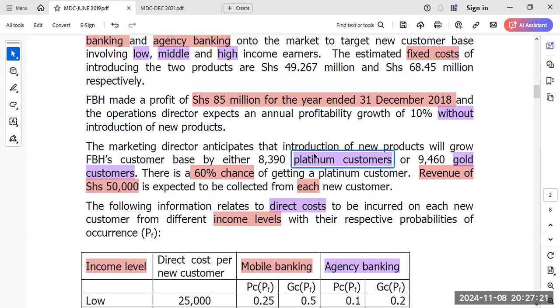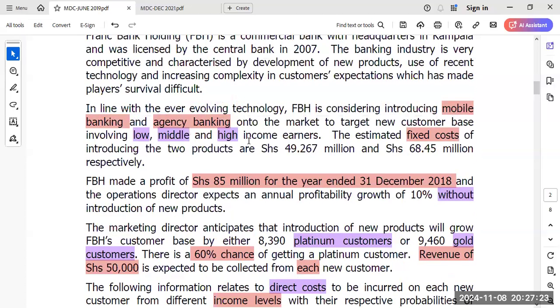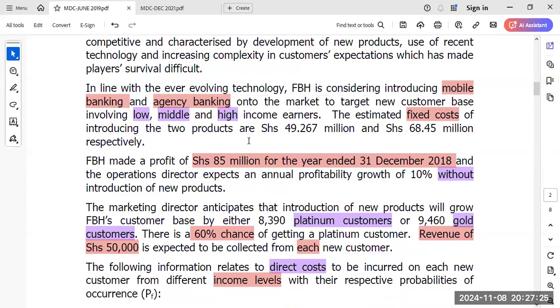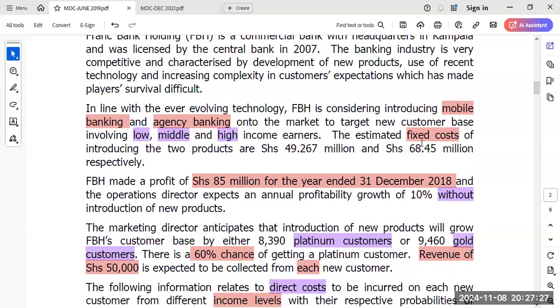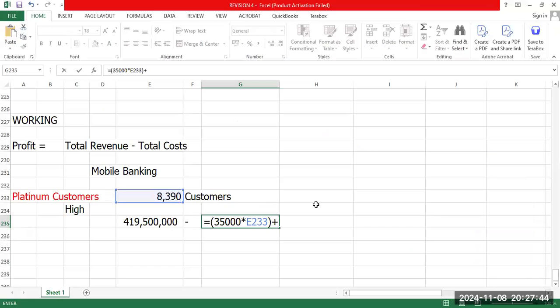My fixed cost is equal to what? For mobile banking, the estimated fixed costs of introducing two products. Remember, two products: mobile banking and agency banking. So for mobile banking it is 49.267 million. So I can keep 3 zeros. So okay, let me just handle without keeping 3 zeros.